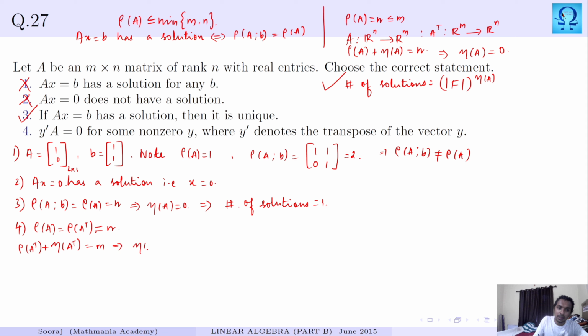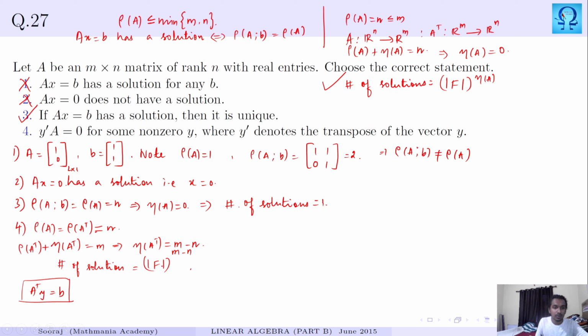That tells you that nullity of A transpose is equal to m minus n, right? So the nullity is m minus n. Therefore, suppose we have the equation A transpose y equal to b or 0, whatever; the number of solutions is going to be cardinality of F to the power m minus n.